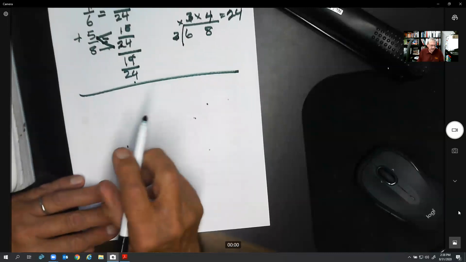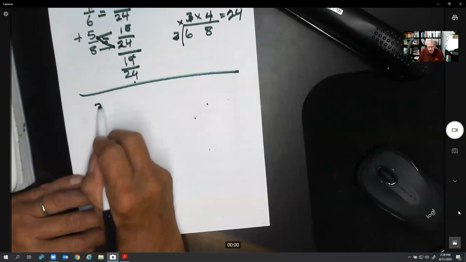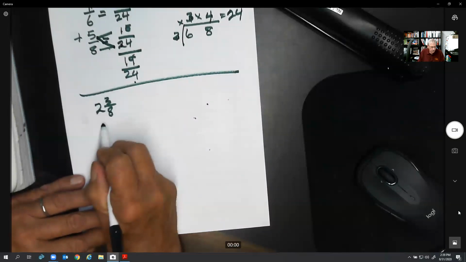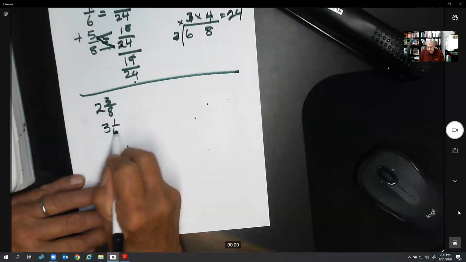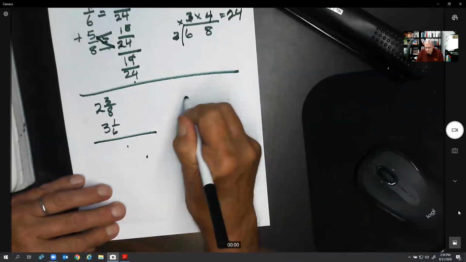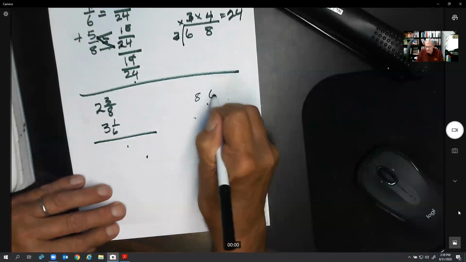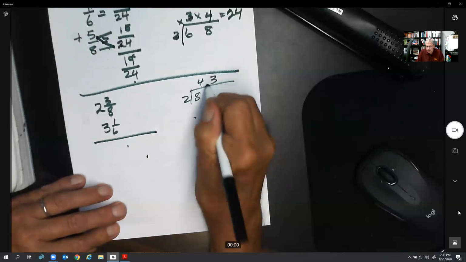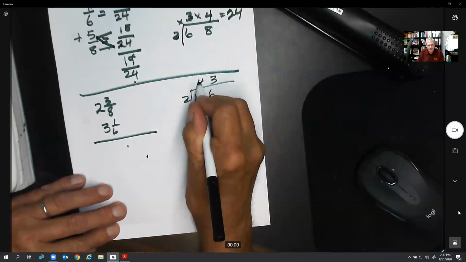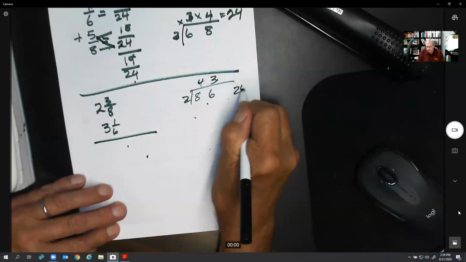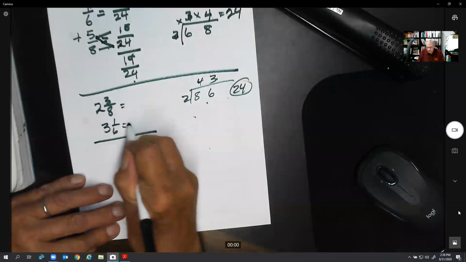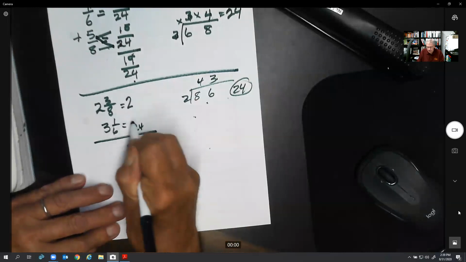Okay, so you're saying, what if I have mixed numbers? 2 and 3/8, 3 and 1/6. 8, 6, 2 goes in 8, 4, 2 goes in 6, 3, 2 times 4 is 8, 8 times 3 is 24. Same as before. 24. Let's bring over the whole numbers first.